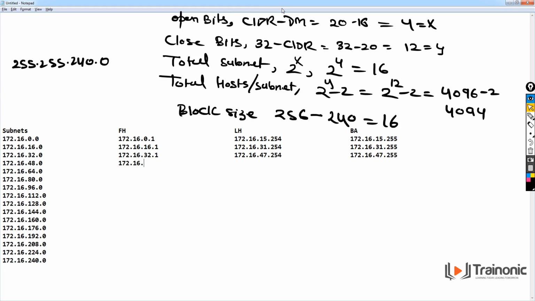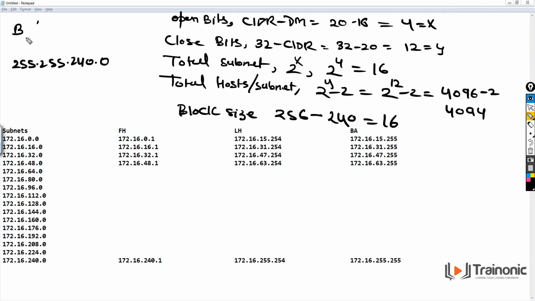Next will be 48.1, then 63.254 and 63.255. Like this. Last will be 240.1, 255.254, 255.255.